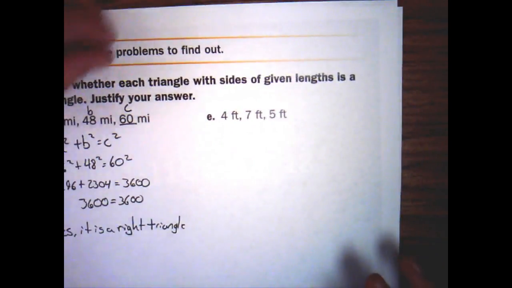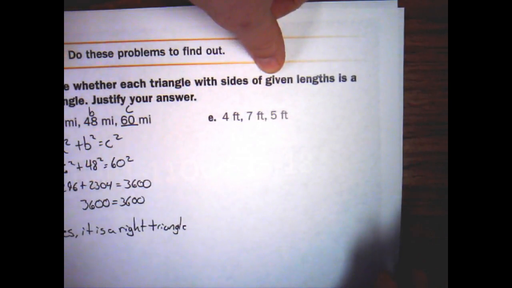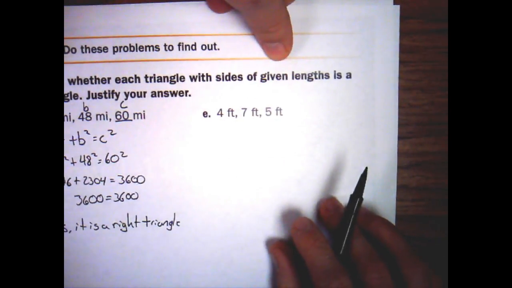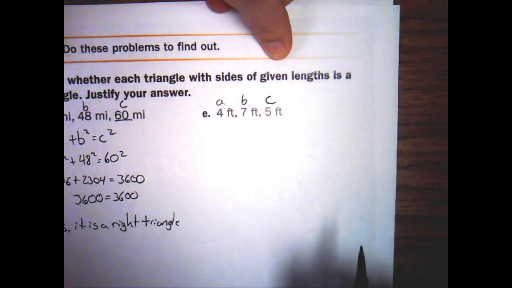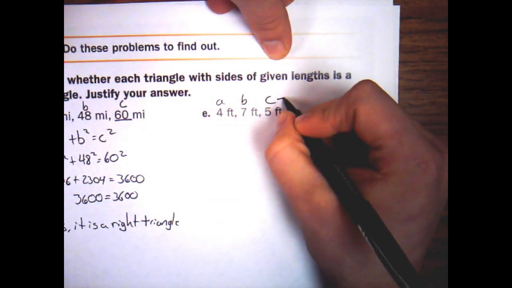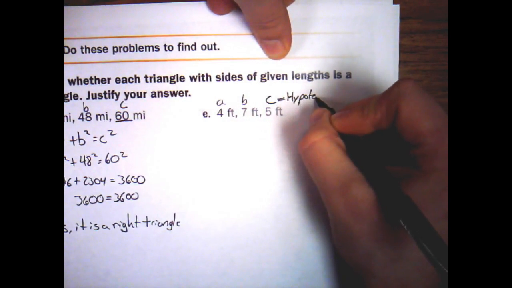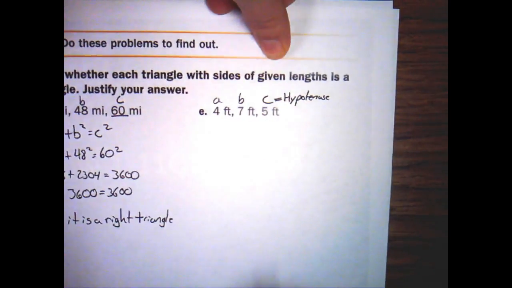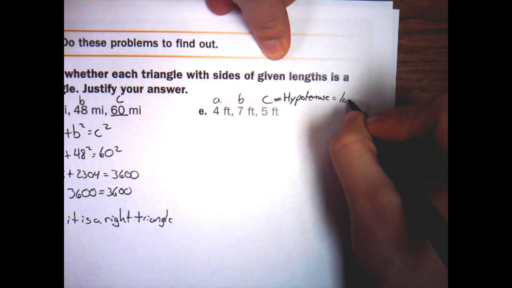Okay, E. Now, this is a tricky one. A lot of 8th graders make the mistake of just going A, B, and C and plugging them in. Well, what's the problem with that? C has to be the hypotenuse. Okay, and the hypotenuse is the longest side.